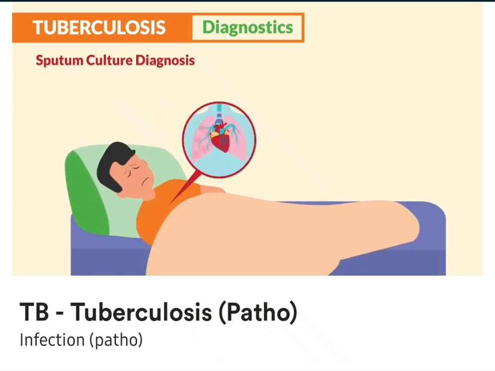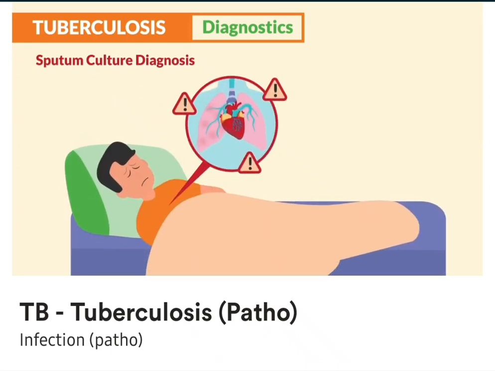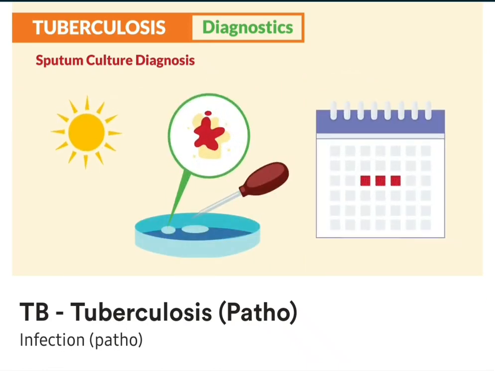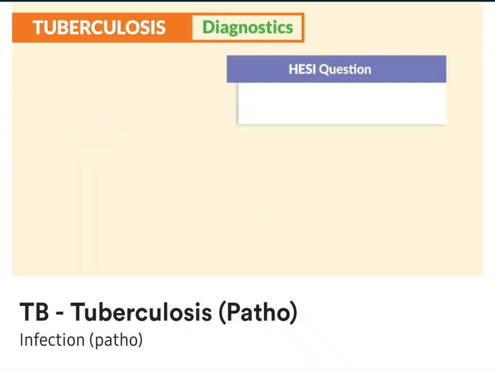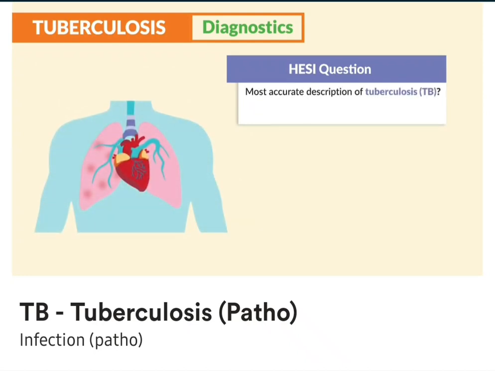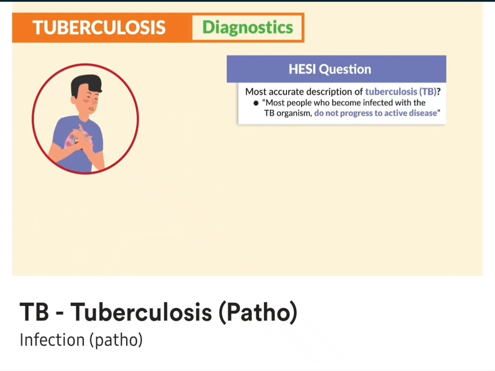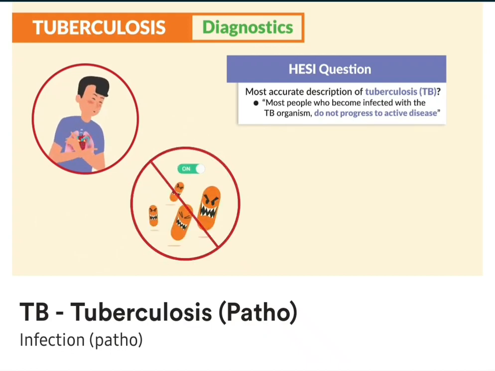So again, if the patient is suspected to have active TB and has a positive TB skin test, then 3 early morning sputum specimens are taken to confirm the diagnosis of active TB. Now, HESI mentions this. The most accurate description of tuberculosis is most people who become infected with the TB organism do not progress to active disease.